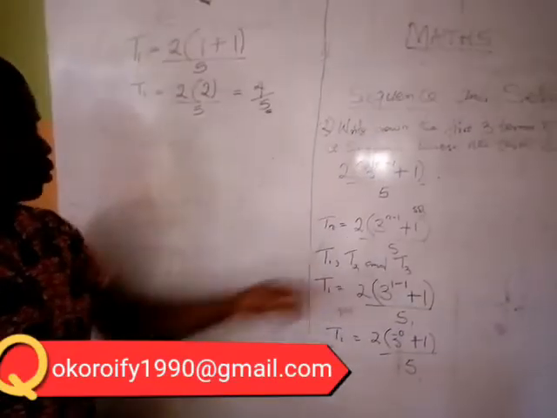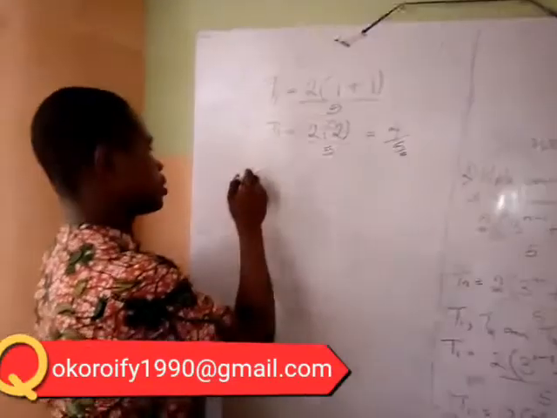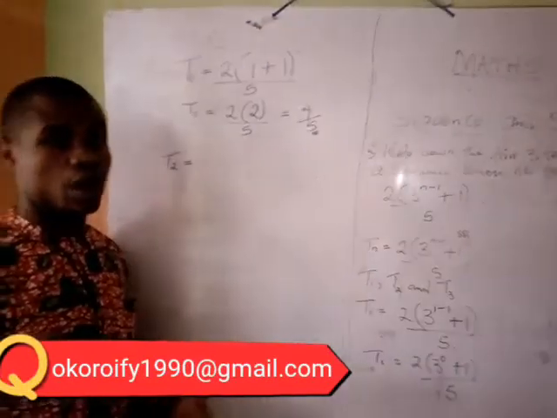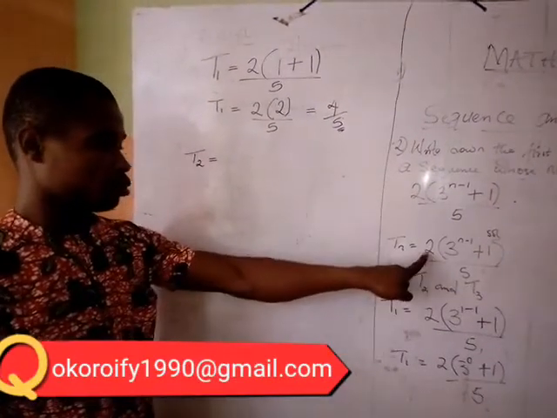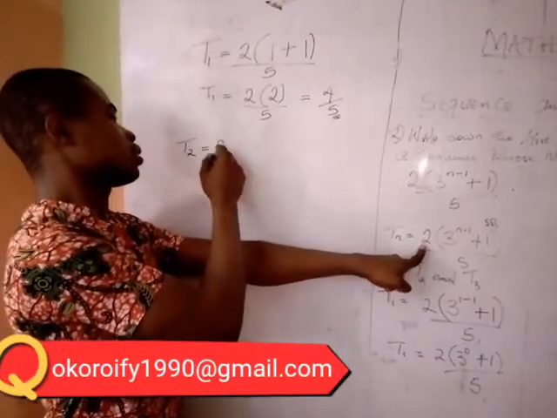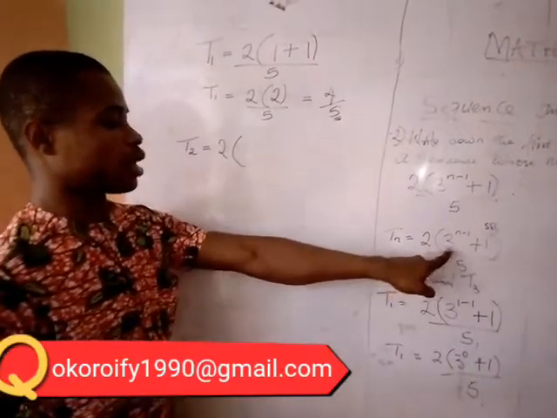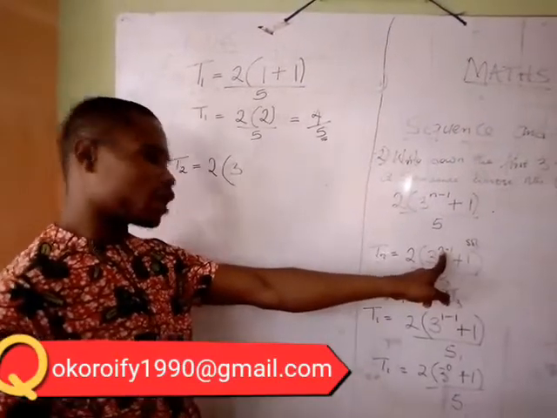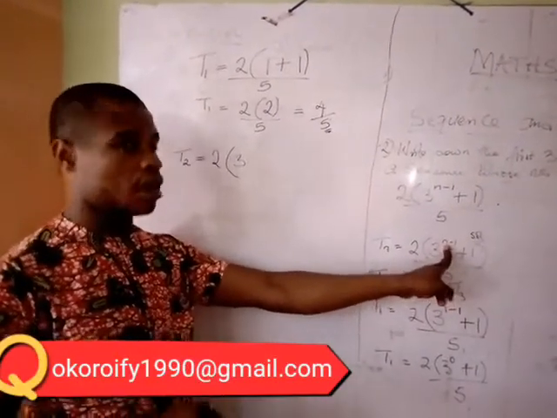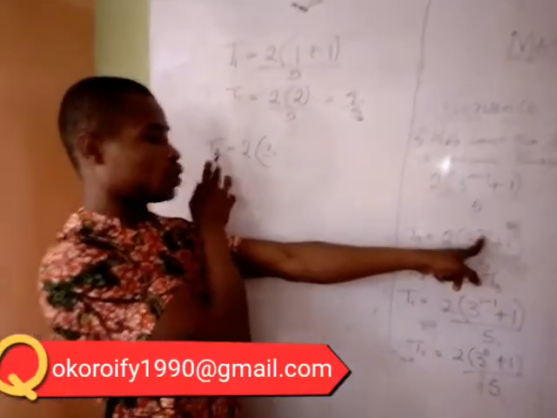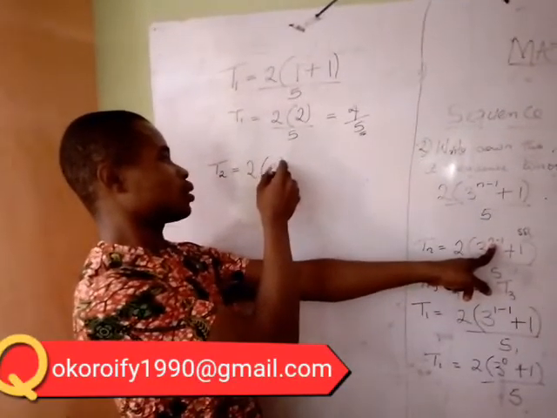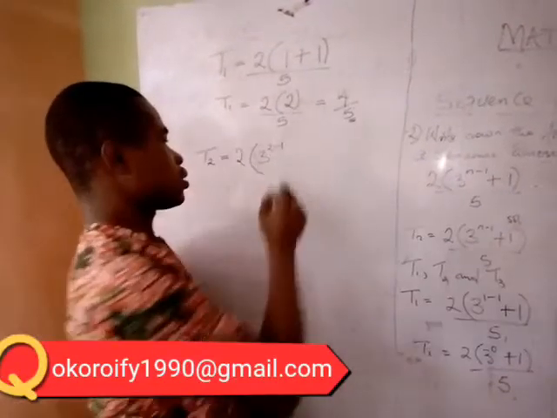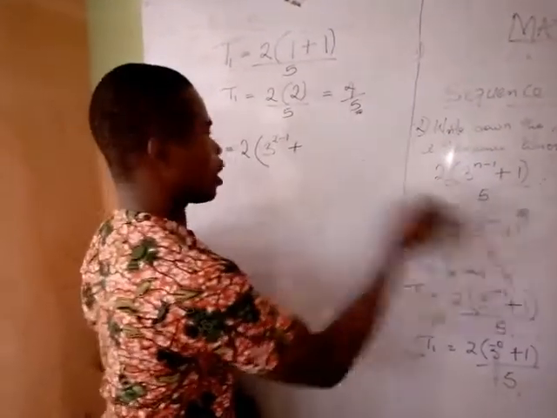Go down to your T2. Your T2 is equal to, the same method or approach. Just bring down your formula. 2 outside the bracket. You open your bracket. 3. Just bring it down. Then, which number of terms are you solving for? Now, we are solving for the second term, which is 2. You take it as your power, minus 1 as the power, then plus 1.